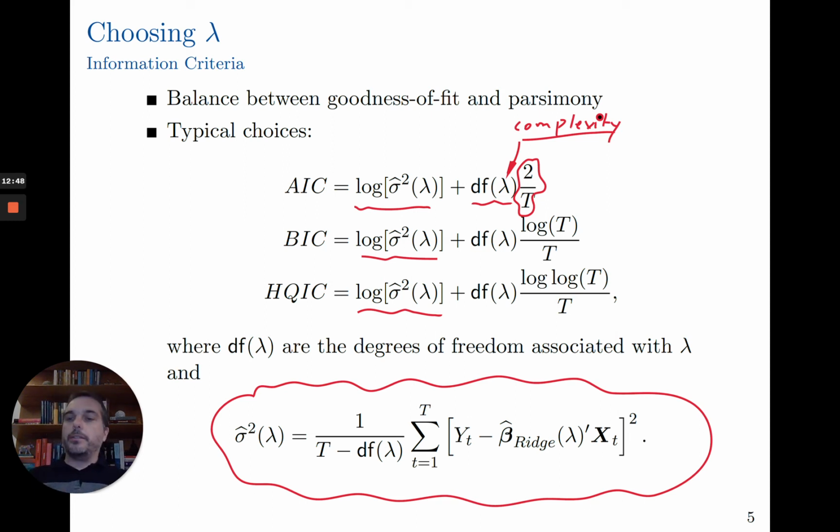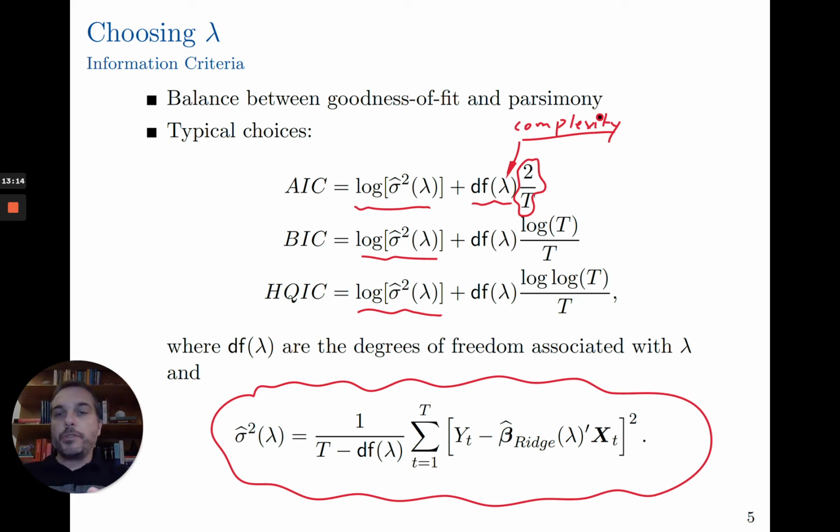So the question is, which one to choose? They have different properties. So what do you want? You want to select the right amount of regularization. There's no proof, theoretically, that they will give optimality of the lambda for the ridge.